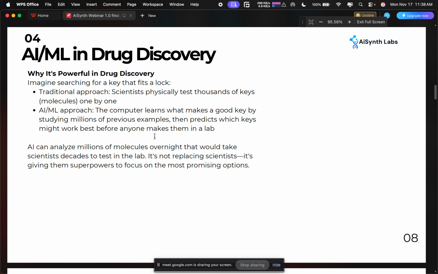We have a data set of thousands of drugs that are liver toxic, and inside that same data set thousands of drugs that are not, and we feed it into that machine learning or artificial intelligence algorithm. It will learn the patterns, what makes up a liver toxic drug and what makes up a drug that is not liver toxic.